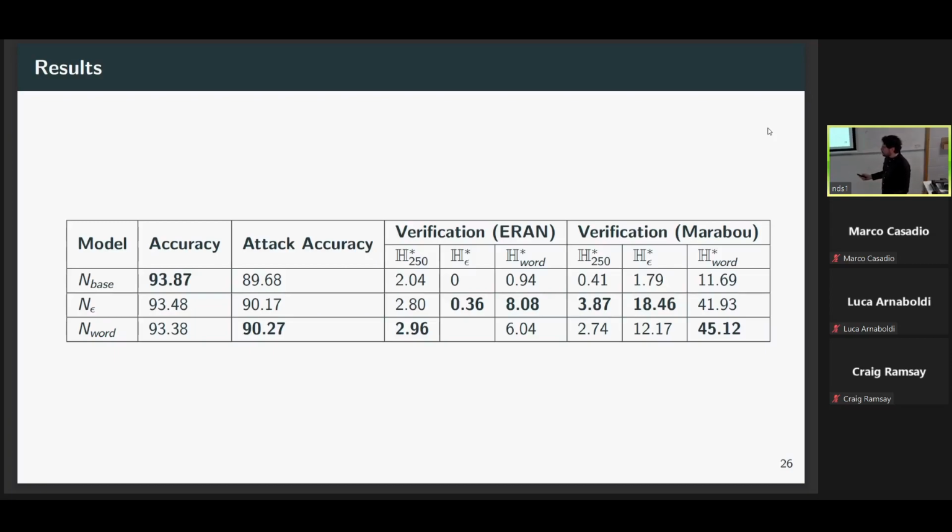So what are some conclusions about this? Epsilon ball or epsilon cube, as we initially thought, is not very good in NLP, at least in this example, to be used as something to be verified. This column and this column, especially this column.